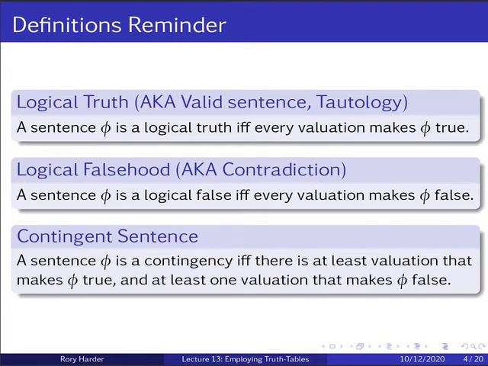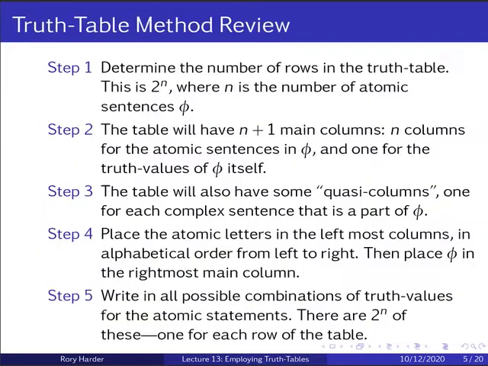And for a contingent sentence, that is just a sentence which is neither a logical truth nor a logical falsehood, which is to say that there is at least one valuation, or at least one row, on which the sentence phi has a T under its main connective, and at least one valuation or row on which phi has an F under its main connective.